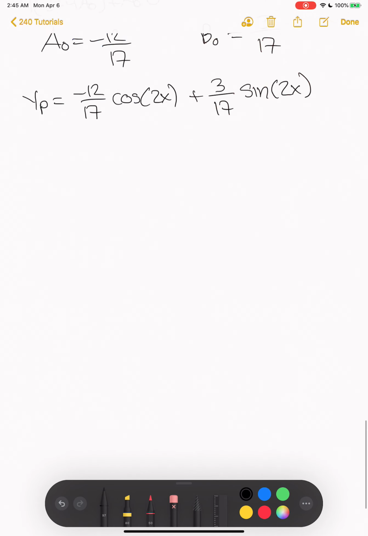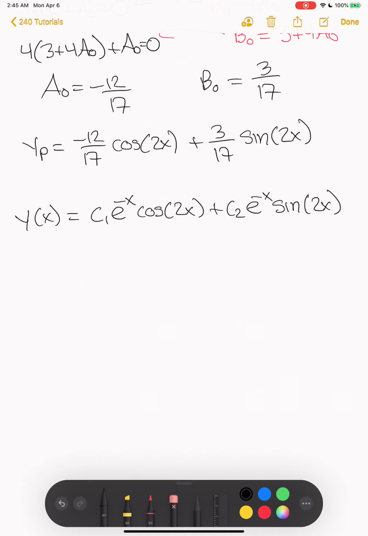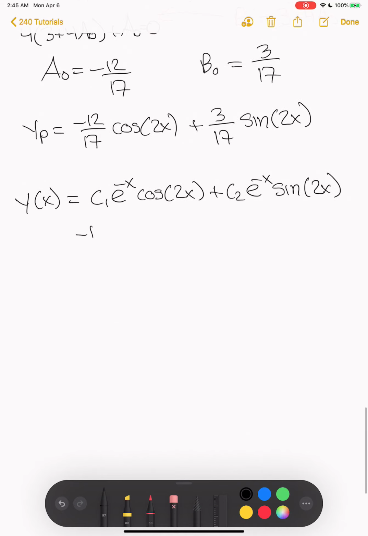So then my general equation here, y of x, is my complementary function, which is c1 e to the minus x cosine of 2x plus c2 e to the minus x sine of 2x. And then my particular solution, to make sure I get the f on the right-hand side, is this equation here. So plus 3 over 17 sine of 2x.